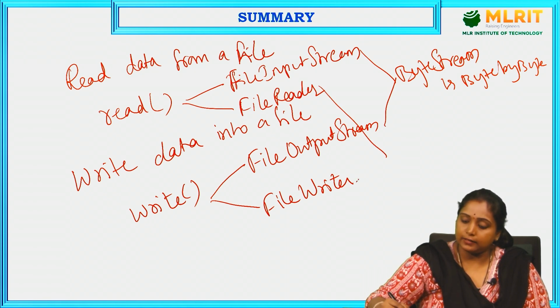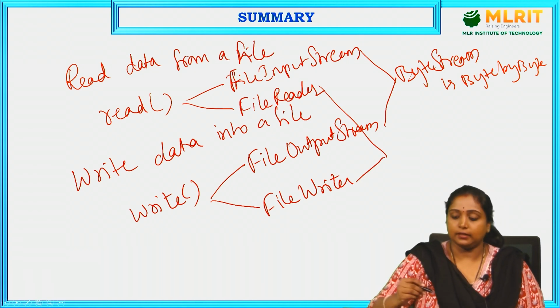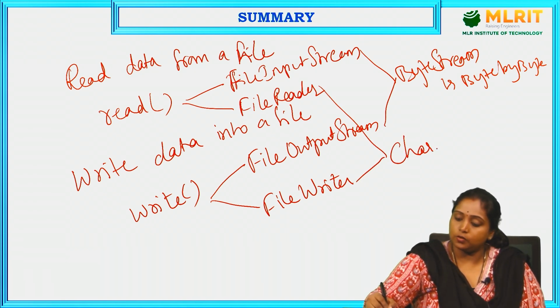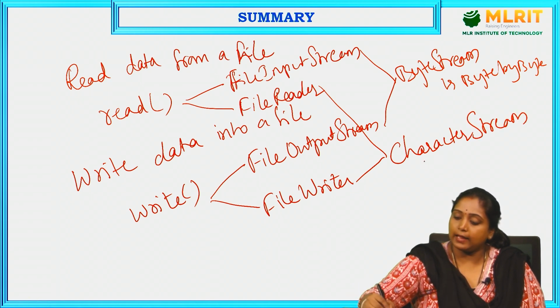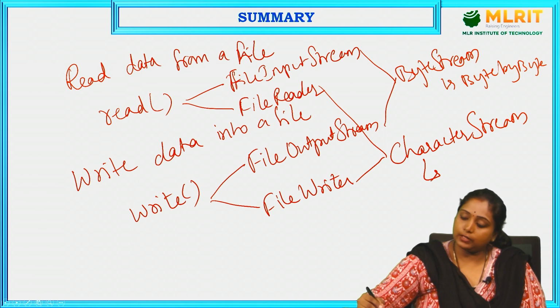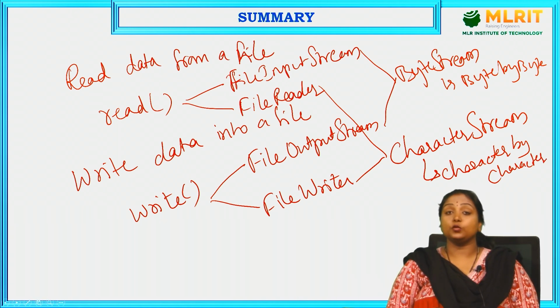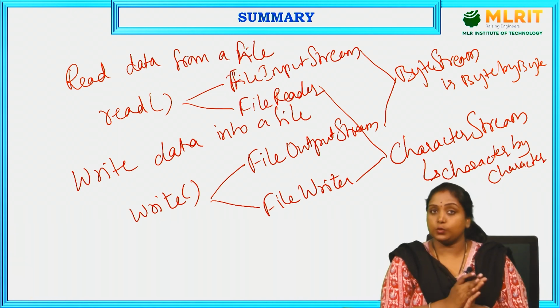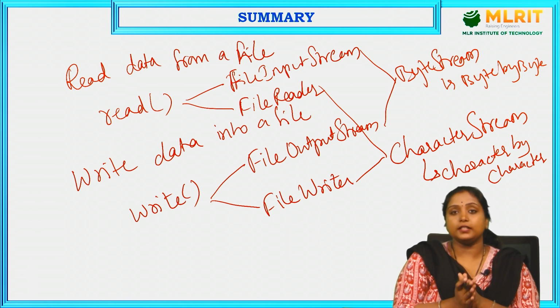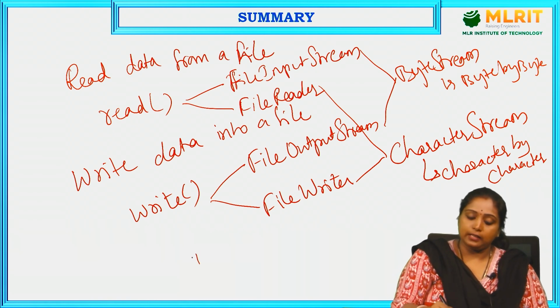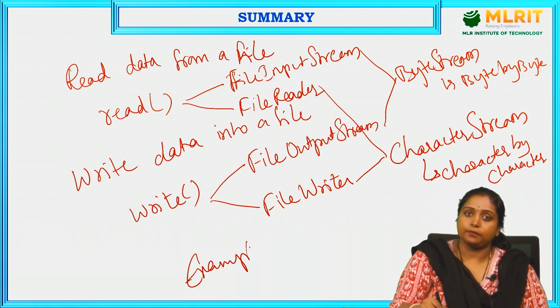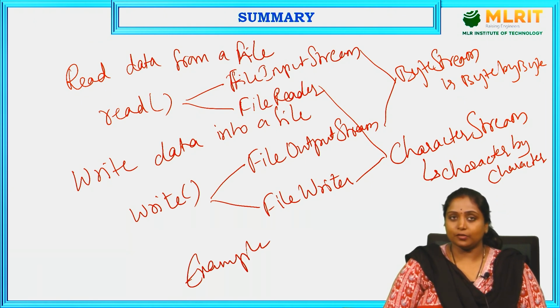Whereas the file reader and file writer classes belong to the character stream classes, and they will read character by character. So the usage of read and write methods using file input stream and file output stream, file reader and file writer, we have seen in an example program, isn't it? So this is what today's session is.